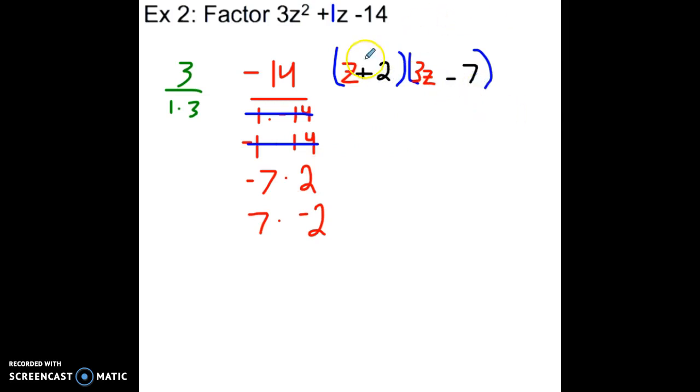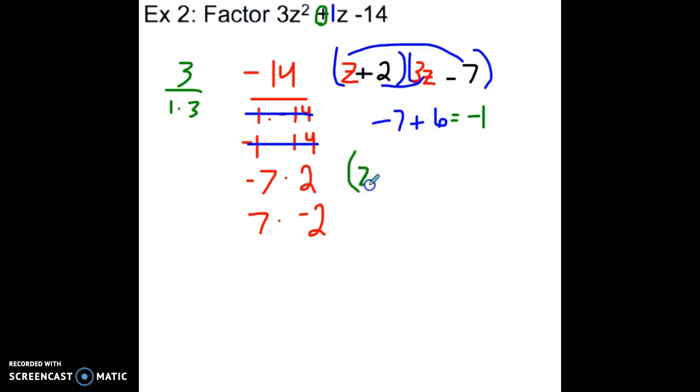So when I multiply my outer, that's negative 7. When I multiply the inner, that's a positive 6. And again, both of these will have z's with them. Negative 7 and 6, well, that's just negative 1. We're looking for a positive 1 with this, so let's look at switching the signs here.